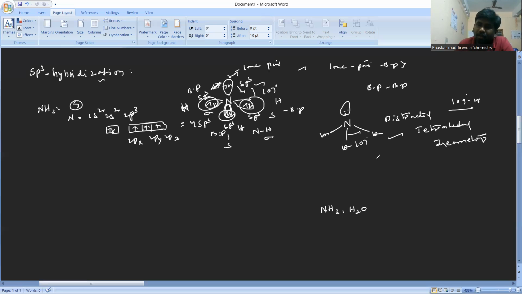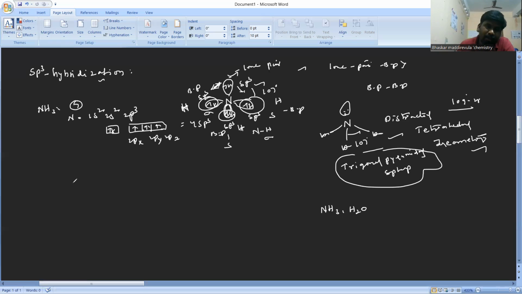And this ammonia molecule possesses a trigonal pyramidal shape. The shape is trigonal pyramidal, but the geometry is distorted tetrahedral, with a bond angle of 107 degrees.